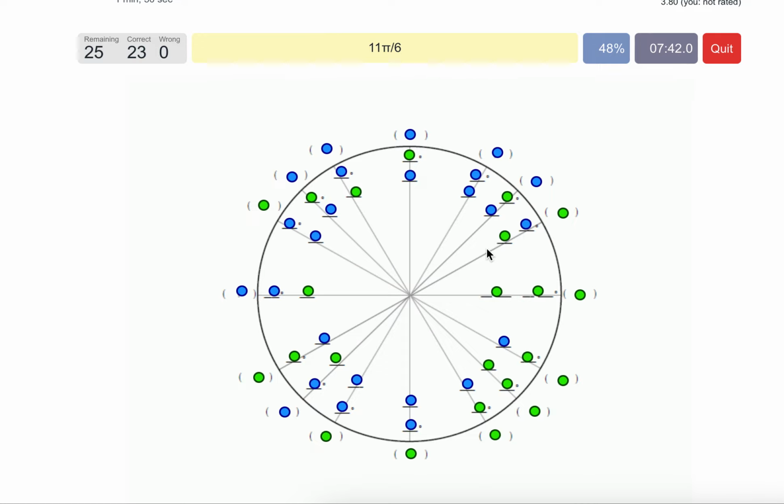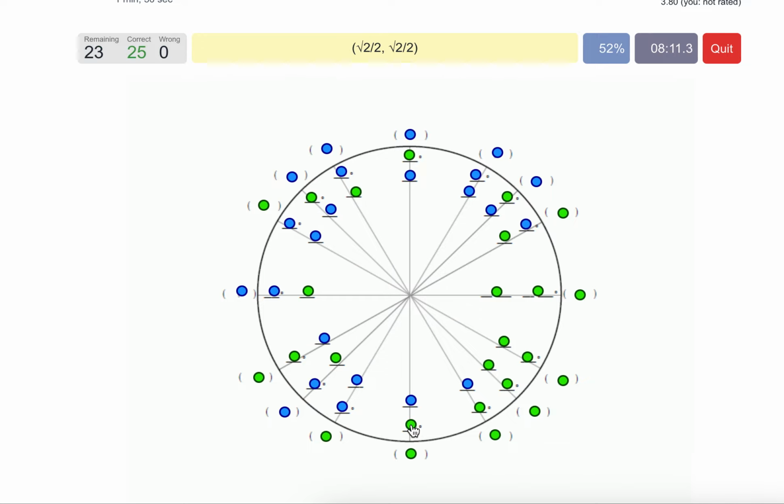So this little chunk here is 1 pi over 6. And then 2 pi over 6, 3 pi over 6, 4 pi over 6, 5 pi over 6, 6 pi over 6, 7 pi over 6, 8 pi over 6, 9 pi over 6, 10 pi over 6, 11 pi over 6 would be right here.